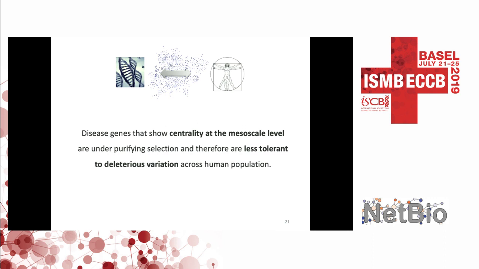Okay, so having carried out this network analysis exploring these mesoscale network properties, we thought that these genes that show centrality evaluated at the mesoscale level are constrained, or are under purifying selection, and therefore are less tolerant to deleterious germline variation across human populations.